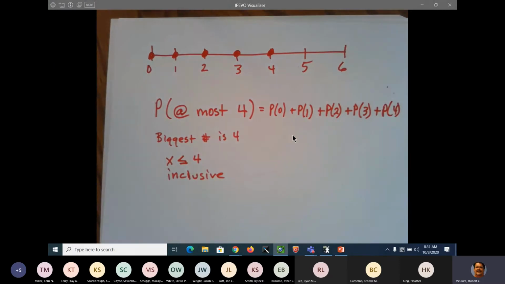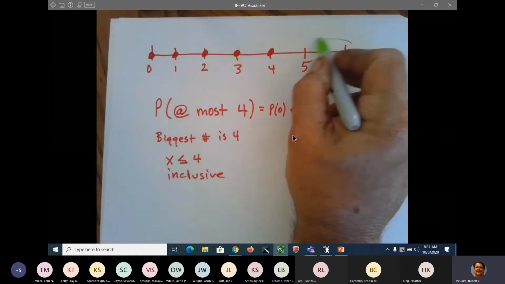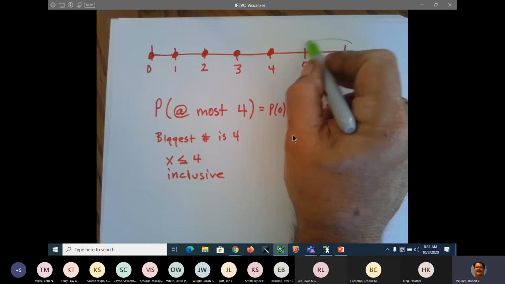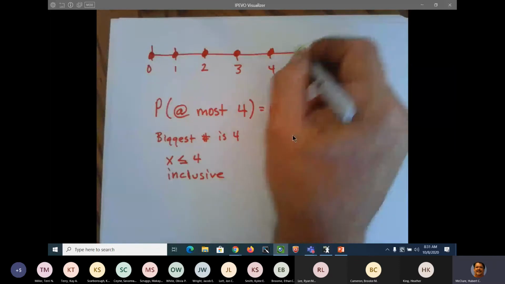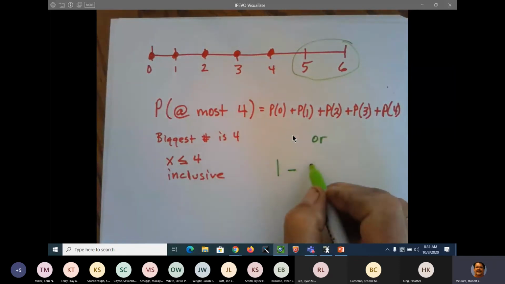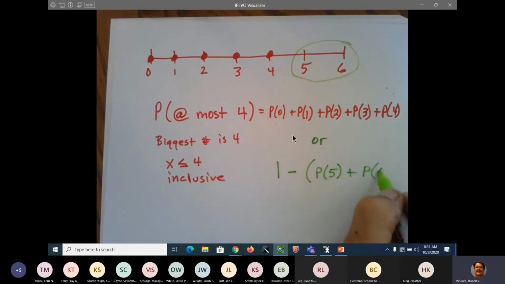Or what could I do? I could do the probability of the other events and subtract it from 1. So 1 minus the probability of 5 plus the probability of 6.